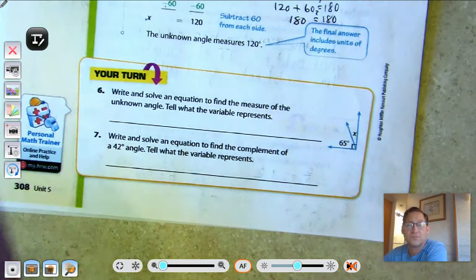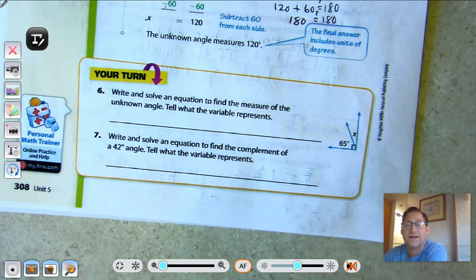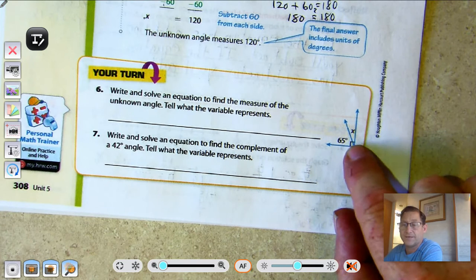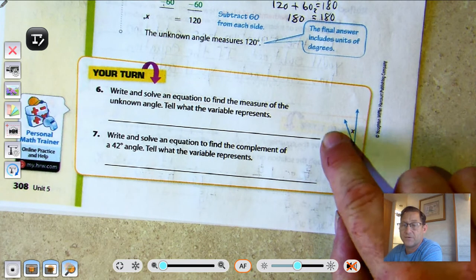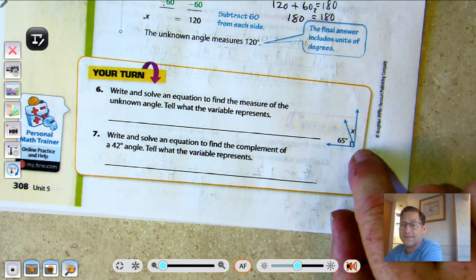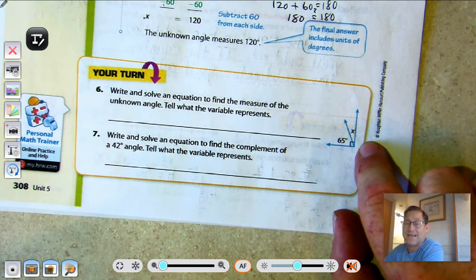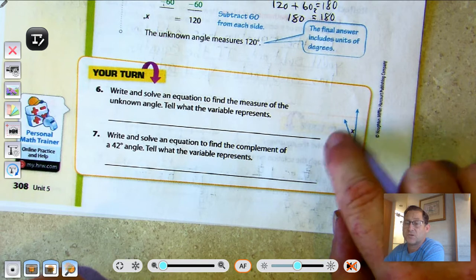All right, number 6. Write and solve an equation to find the measure of the unknown angle. Tell what the variable represents. So I see here I have this acute angle, and I have another acute angle here. They combine to form a square corner or a right angle. So these two angles are complementary.